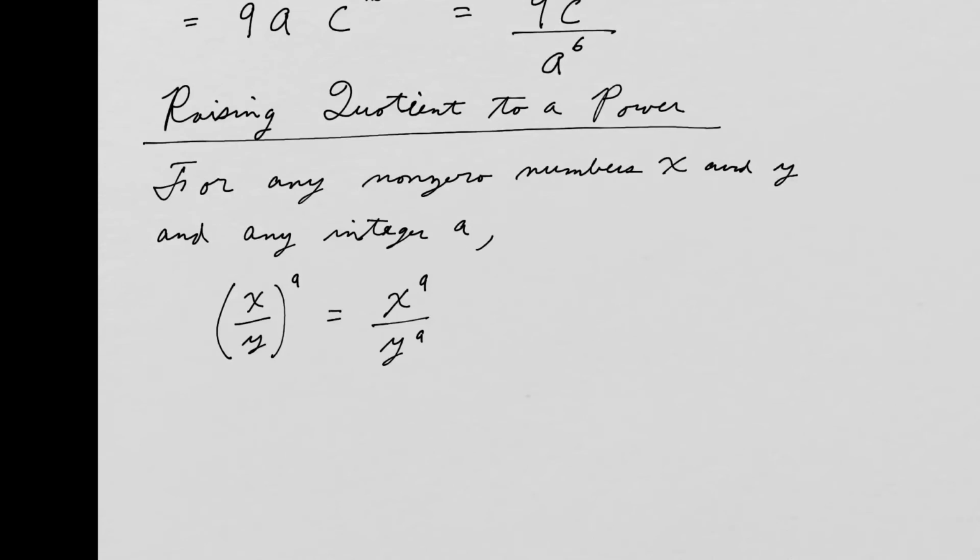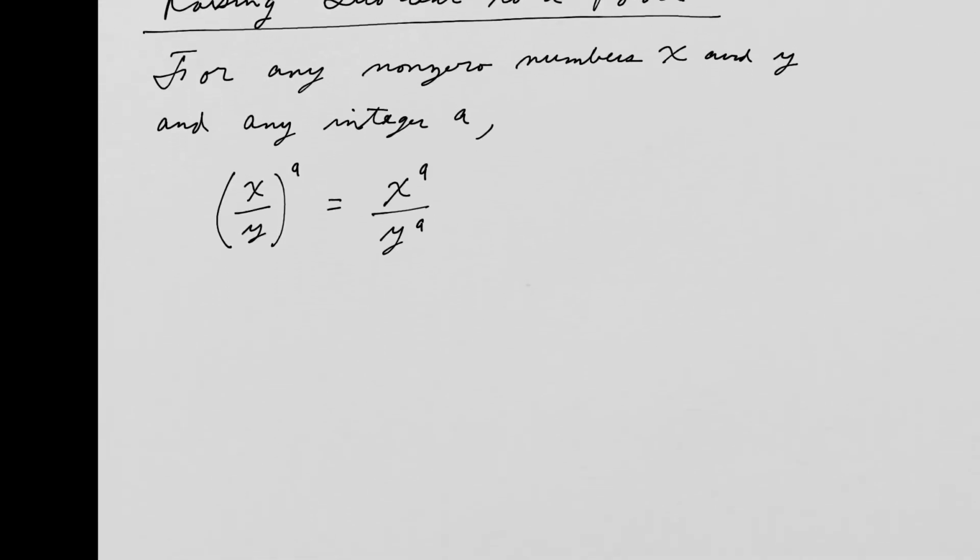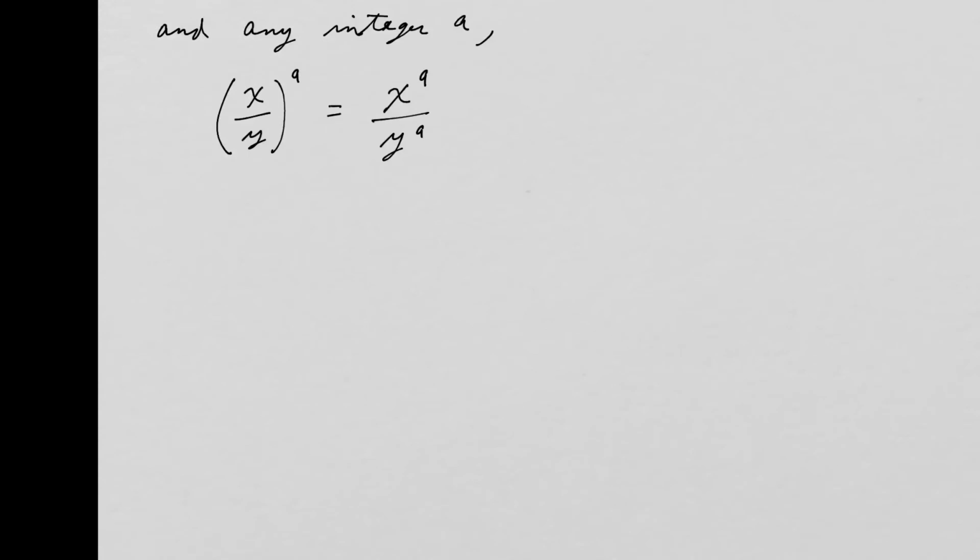Sometimes you'll find that that power is negative. So let's talk about that one and I'll give you some examples of this. So the other possibility is that you have raising a quotient to a negative power.